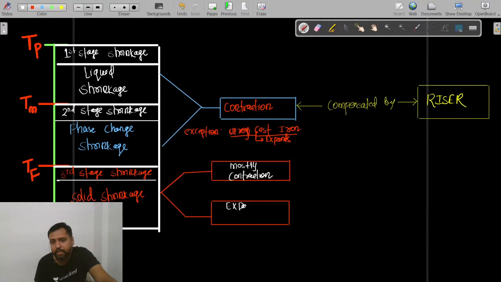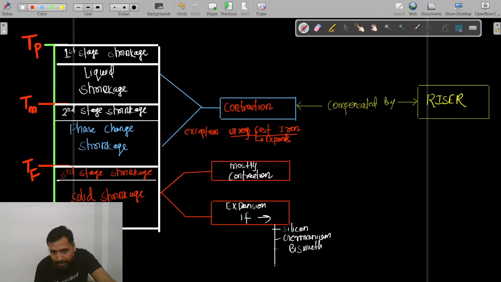When will the expansion happen? Expansion happens if the materials being cast are silicon, or germanium, or bismuth, or antimony.